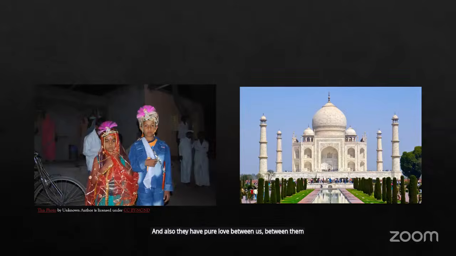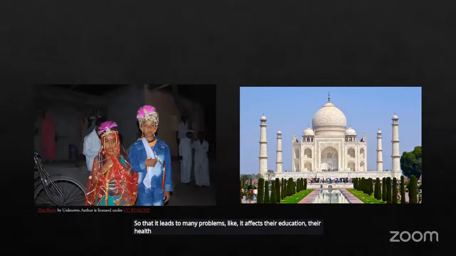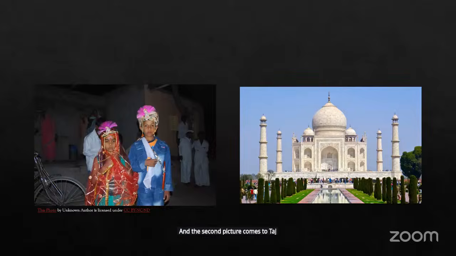But they are in confusion, that is, whether they are in love or affection, so it leads to many problems, like affecting their education, their health, and so on. And the second picture is the Taj Mahal. It is a symbol of love between Shah Jahan and Mumtaz. And child marriage can lead to many problems. This is my observation.